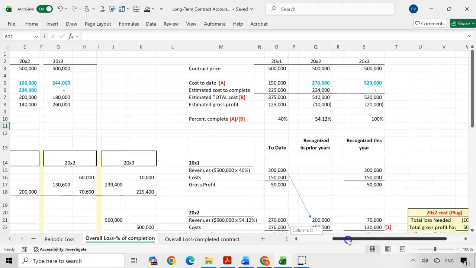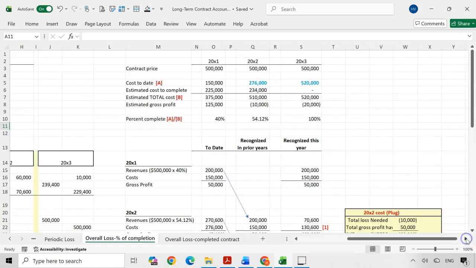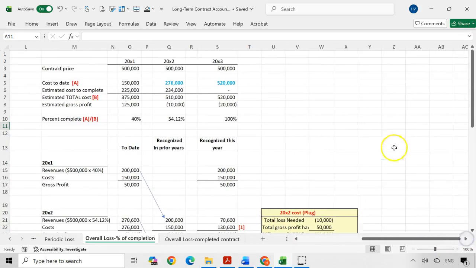Okay. Let's go through the accounting for revenue. Year 1 is the same as if we had overall profit. No facts have changed, where our costs to date are $50,000 and our estimated cost to complete is $225,000, giving us a total estimated cost of $375,000.